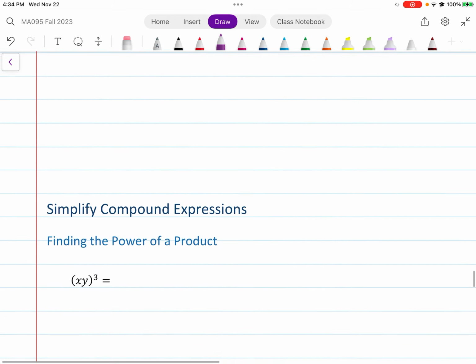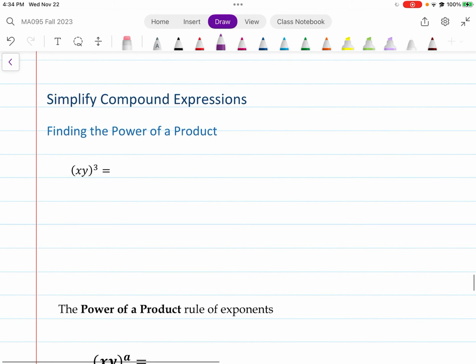The next topic is simplifying compound expressions. Think about what xy cubed means. It means xy times xy times xy, which I can rearrange because there's no addition or anything in there.